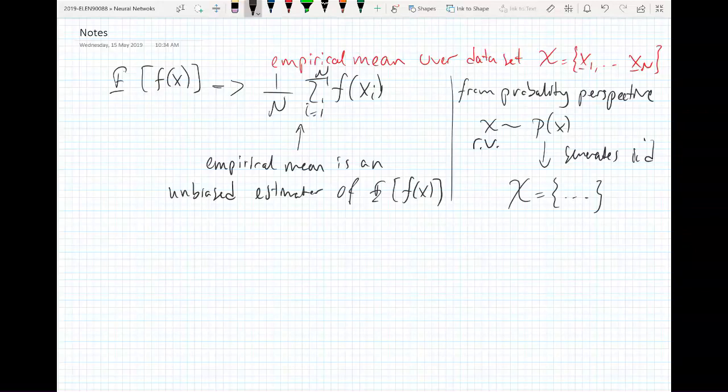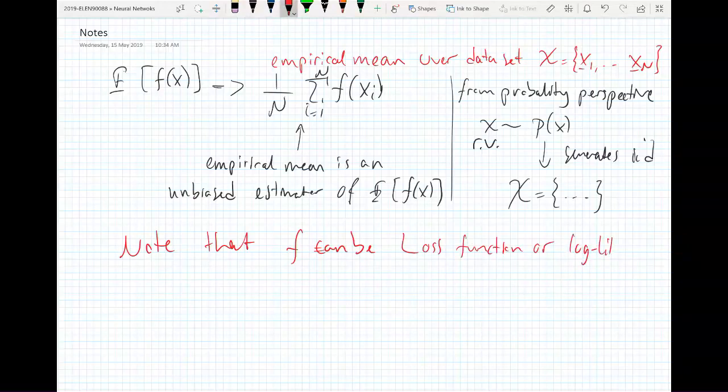So that's the story, and then f of x could be this loss function. Note that f can be a loss function, or log likelihood, etc., right? It can be anything, but the loss function could, for example, be log likelihood.